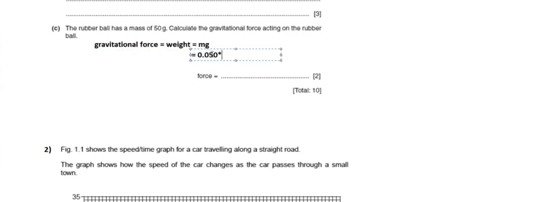It is actually 9.8 meter per second square, but for simplification you can simply write 10 meter per second square. So 0.050 into 10 is nothing but 0.5. The answer is given in terms of Newton, because weight or gravitational force is given in terms of Newton. So the final answer we can write down is 0.50 Newton.